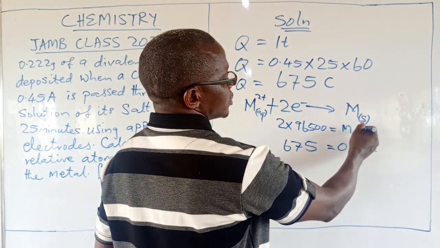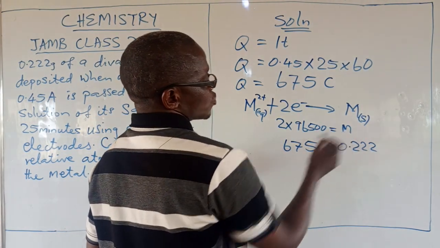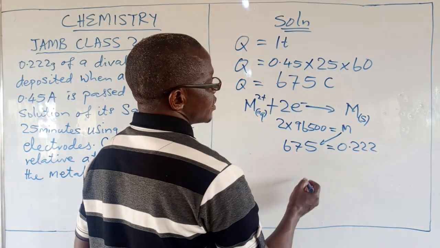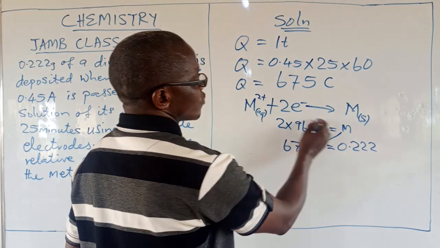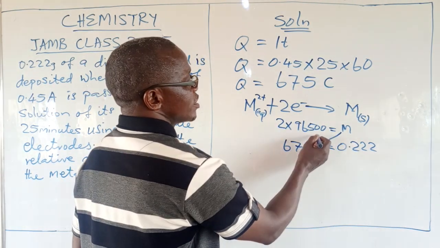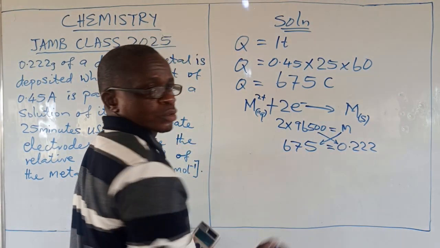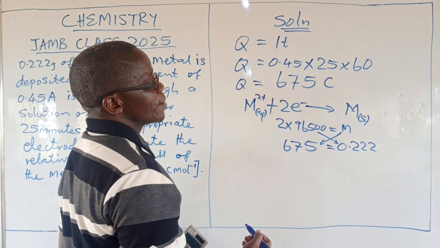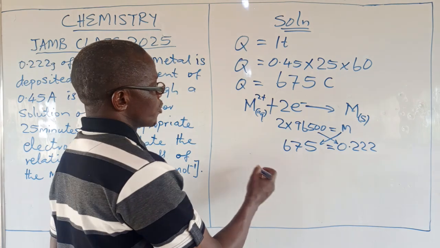I don't know this mass. That is what I am looking for. Now, cross multiply this by this. Cross multiply the whole of this by this. So, with that, you will now make your M the subject formula.